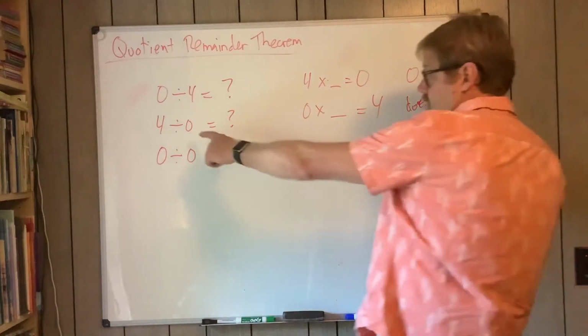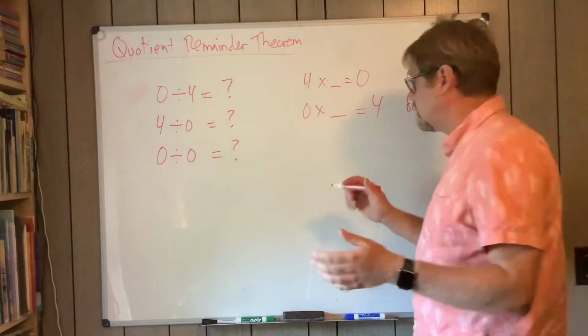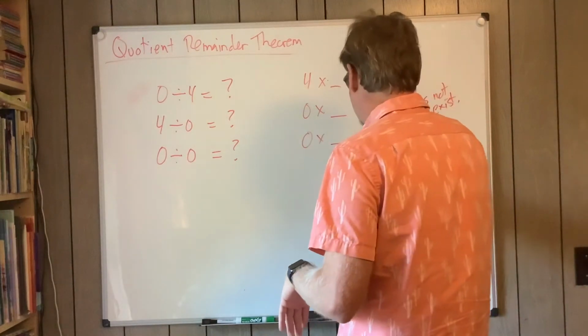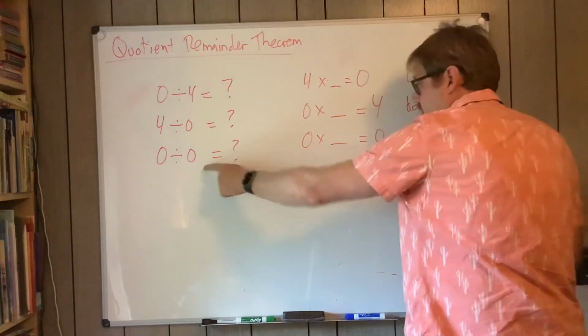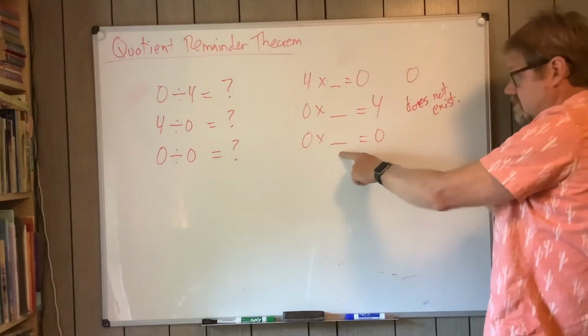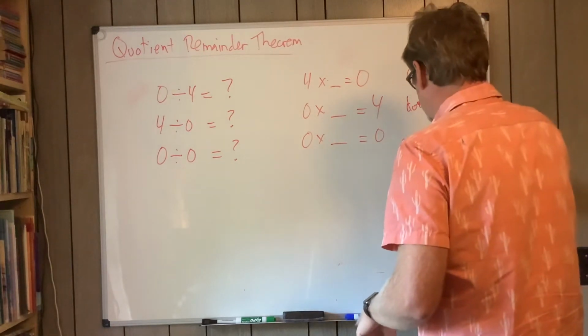Basically, you might think of it as I can't divide by 0. This 0 divided by 0, I can write like that. Any number goes here.